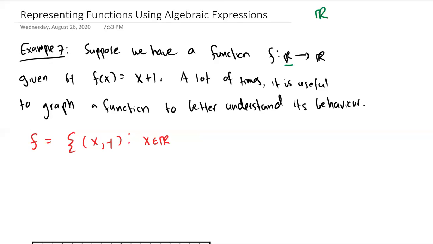We're given that an element x is mapped to the element x plus 1. Right? Remember, that's what f of x means. f of x is the image of x under f. Right? What that means for us is that y here has to be equal to x plus 1. And this is how you can write this function as a set of ordered pairs: the set of all (x, y) such that x is a real number, and y equals x plus 1.